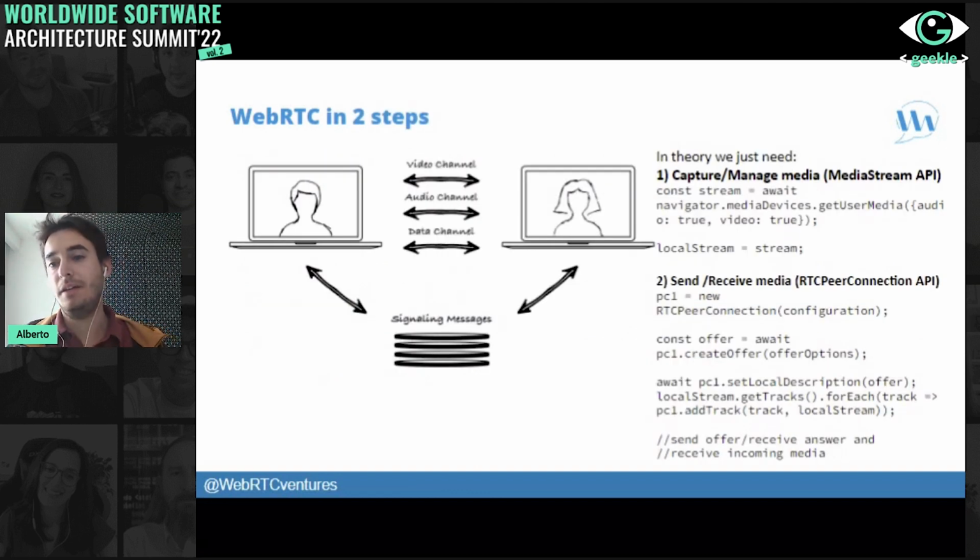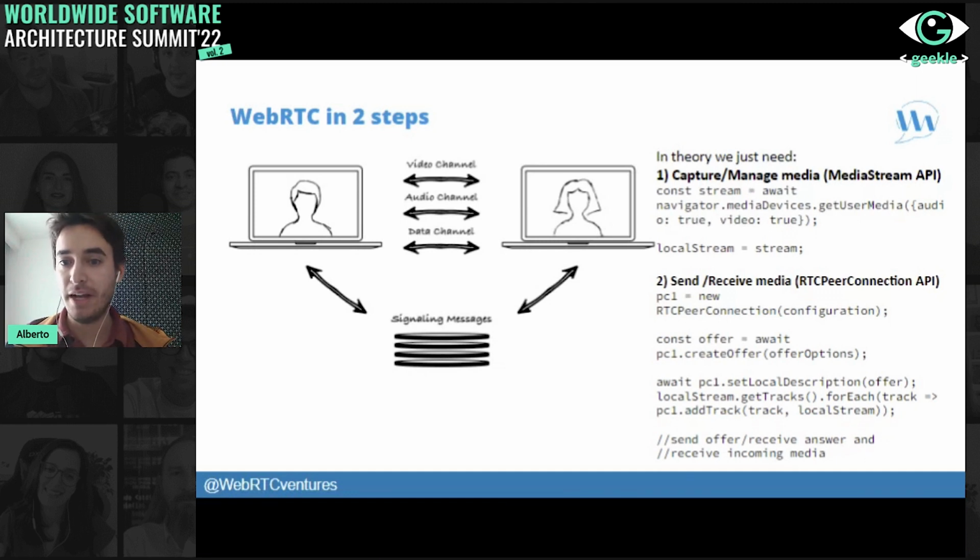In two very basic steps, WebRTC works with a signaling server. Here it says signaling and messages. That's a server where we exchange communication between participants, and we make sure the participants can connect at the right time and coordinate things.